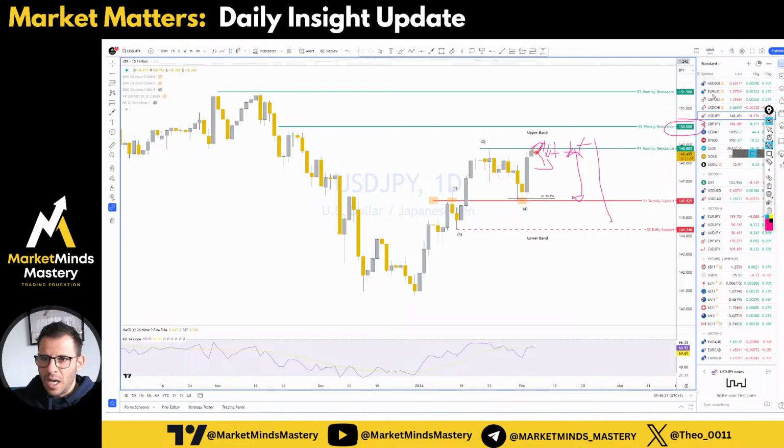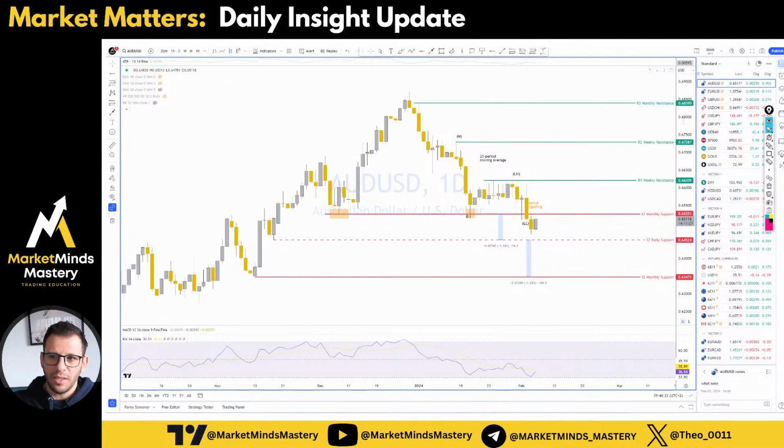Like, I will go back to the Euro US dollar, Pound US dollar, and Australian dollar US dollar. Why do I want to go back to these ones? Because the price on the Australian dollar US dollar shows you that it's in a downtrend.